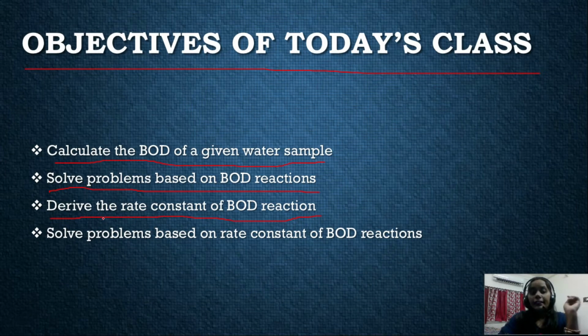Very important, the derivation of the rate constant of the BOD reaction. And then at last we will solve some problems based on the rate constant of BOD reactions, and those numericals are also very important. So these are the four objectives of today's class.